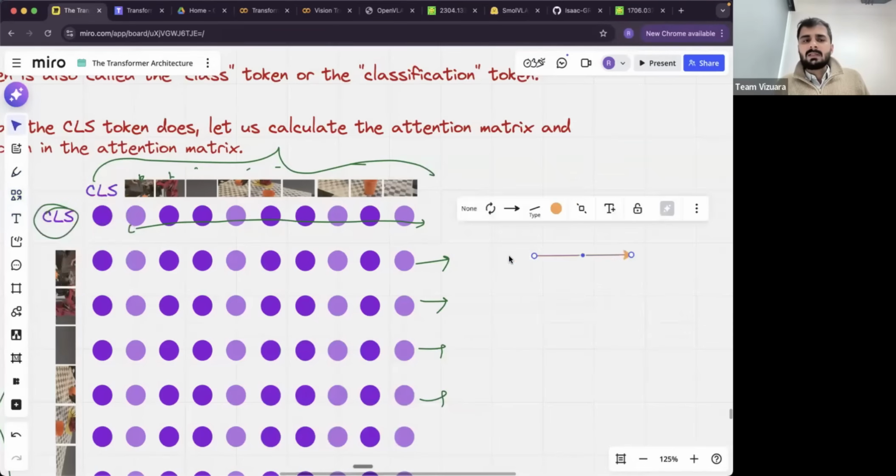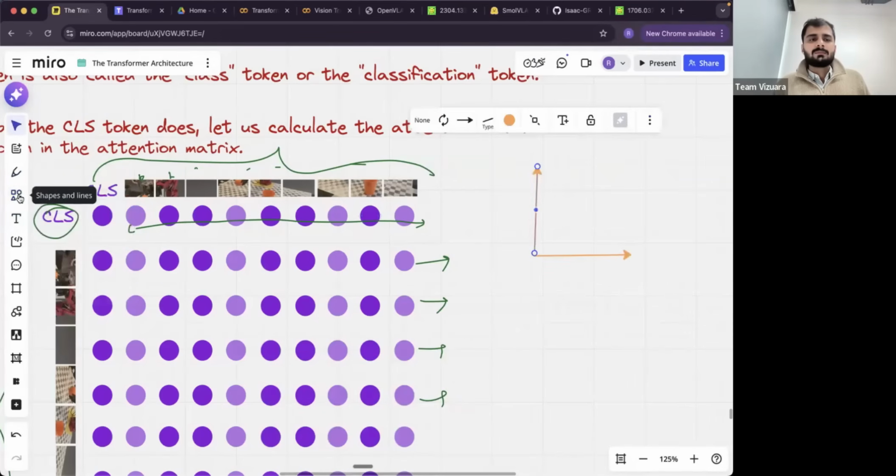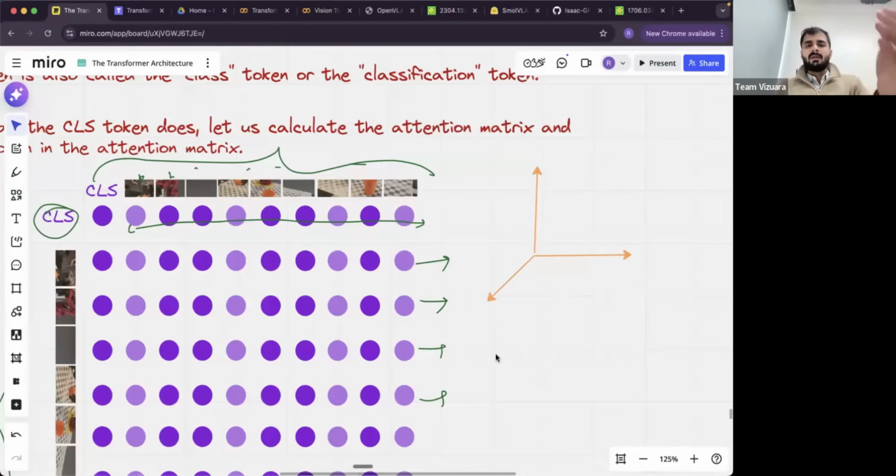There will be 10 value vectors corresponding to these 10 tokens.